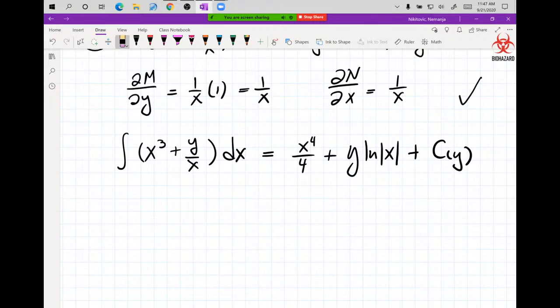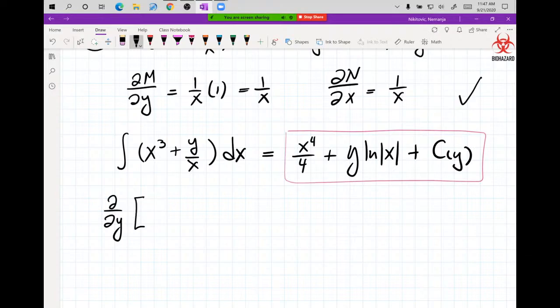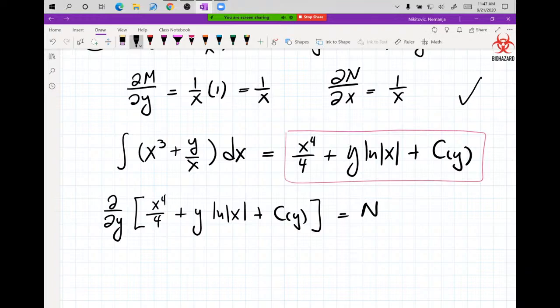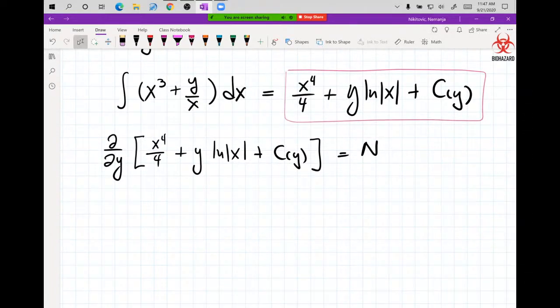So guys, this is already some kind of a partial solution here, right? Where I need to now take the partial derivative with respect to y of this mess and equal that to N. So that's the next part. Partial derivative of x to the 4 over 4 is just 0 plus. Now I'm taking the derivative with respect to y, meaning y is the variable, ln x is constant.